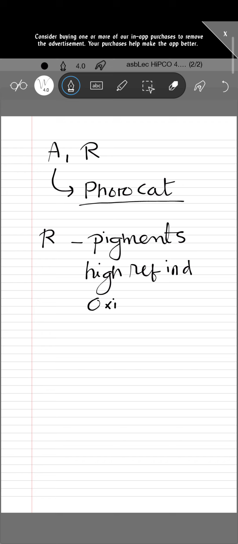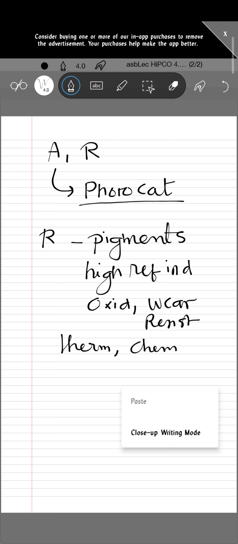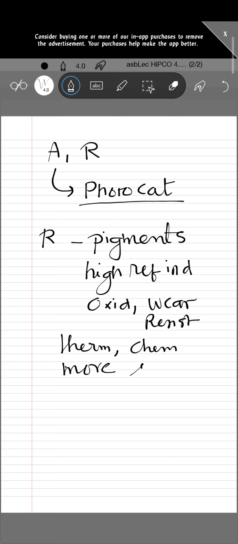It's comparatively inert, more stable than the anatase phase. So it's thermally as well as chemically more stable than the anatase phase.